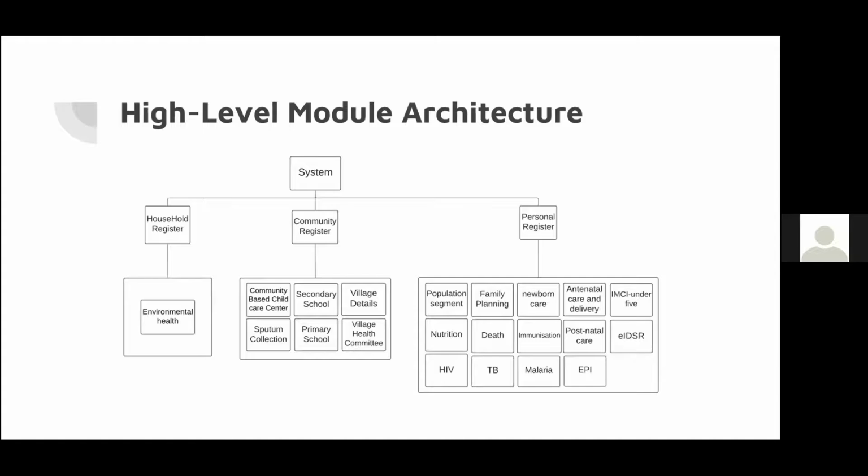The community register looks at the community-based childcare center, sputum collection, secondary schools, village details, and primary schools. The personal register has different modules: population, family planning, newborn care, and other health programs within that register, so that each patient can access the different health programs at community level.